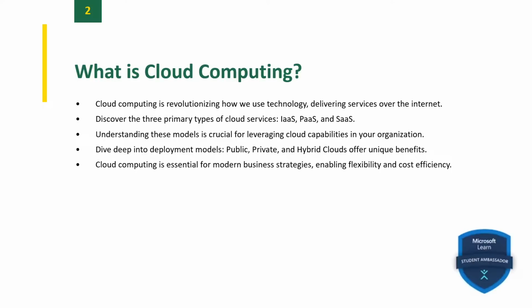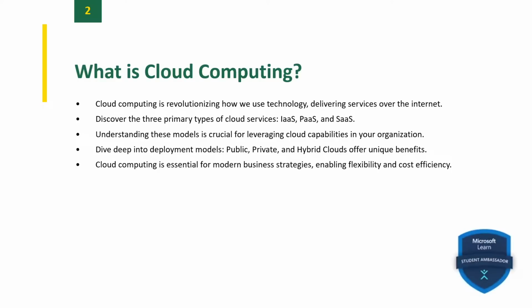Fifth one, measured service. Cloud computing resources are metered and users pay only for what they use. This pay-as-you-go model provides cost efficiency, allowing organizations to manage their IT budgets effectively.